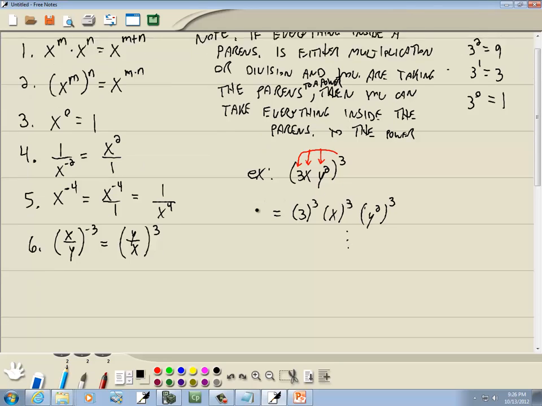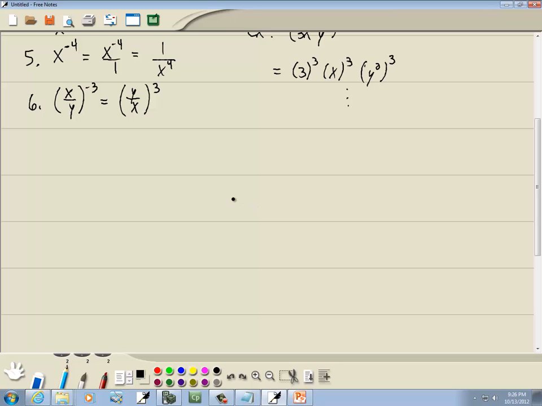Now we have a note also for division. This is when you've got a problem that looks like this: x squared over x to the fifth.